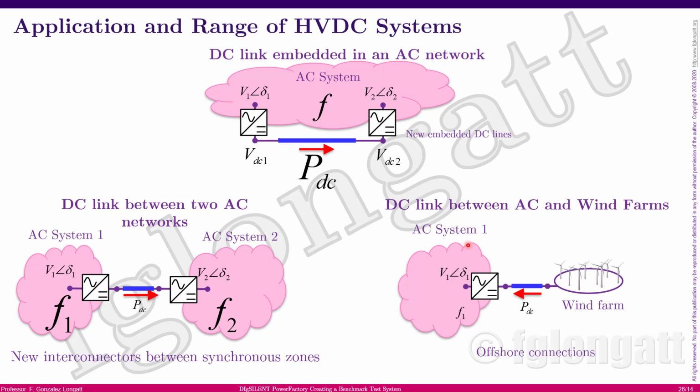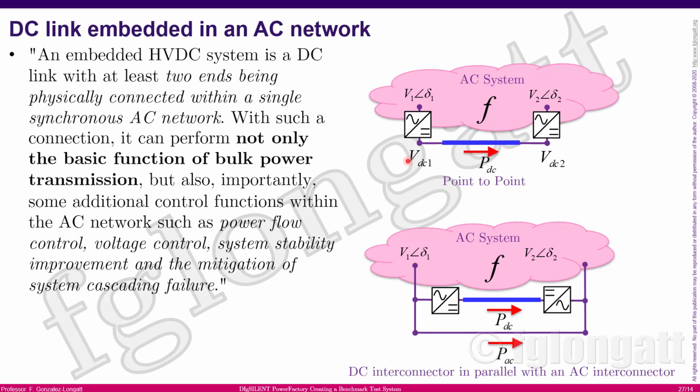This situation started in the 1970s in the United States, in Los Angeles, when the first HVDC link was embedded into a classical AC system. There are a few functionalities where you can take advantage of having a very controllable device like the HVDC system. However, the 1970s was a very bad time for HVDC because we had the very old technology based on thyristors.